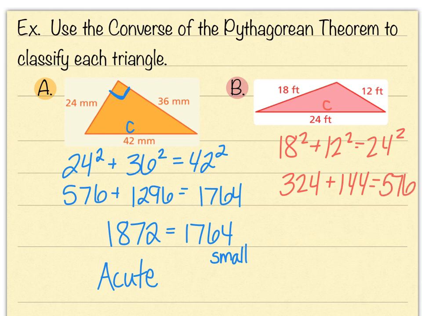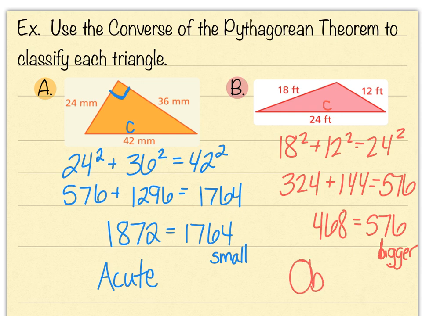So I'm going to add 324 and 144 together to get 468, which does not equal 576. It's not a right triangle since c squared is bigger. Since c squared is bigger, then I know this has to be an obtuse triangle. In fact, it looks like an obtuse triangle. Be careful to make those judgments.